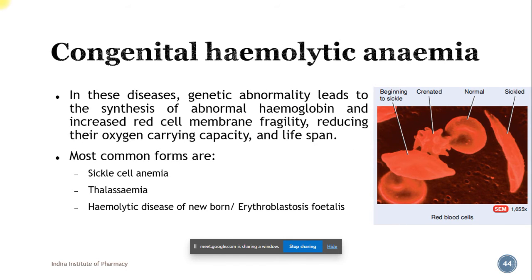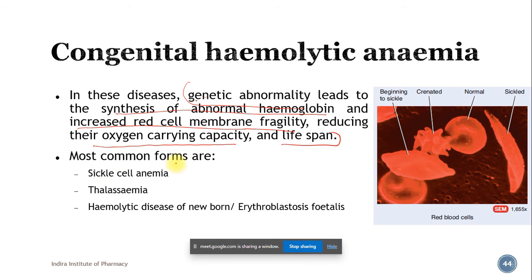So the first type of hemolytic anemia is congenital hemolytic anemia. In this type of disease, there is some genetic abnormality present, and it leads to the synthesis of abnormal hemoglobin and increased red cell membrane fragility, reducing their oxygen carrying capacity and lifespan.